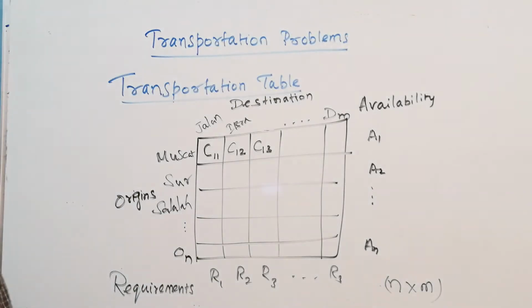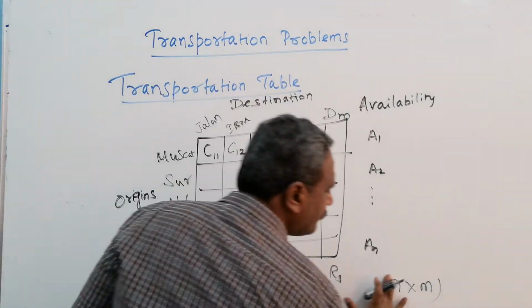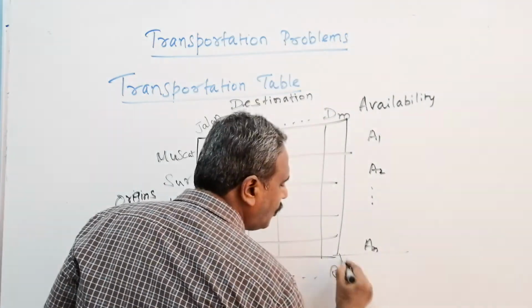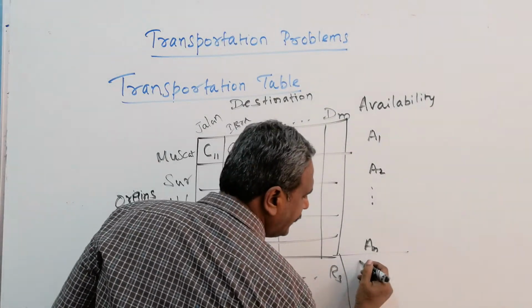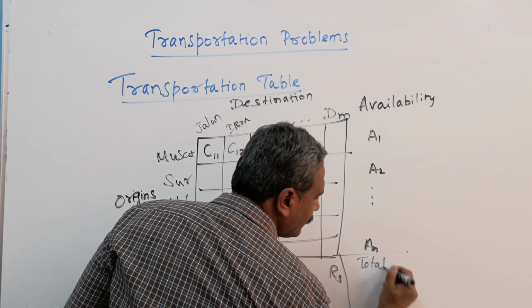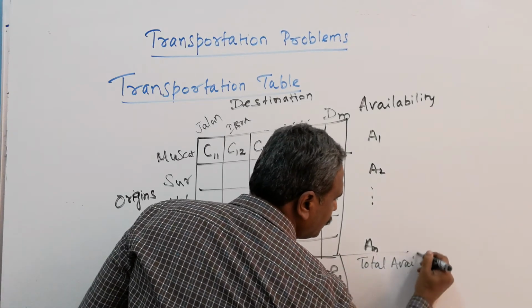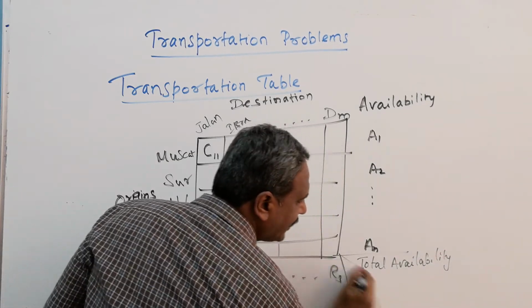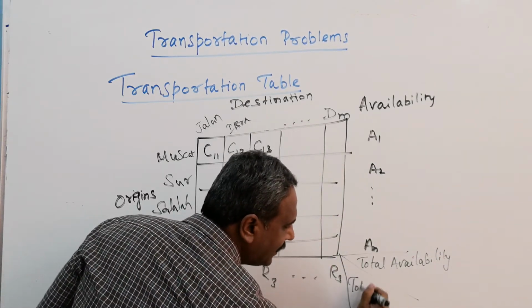See here, the most important thing: we are going to find the total of the availability. We are going to check the total availability and the total requirement.